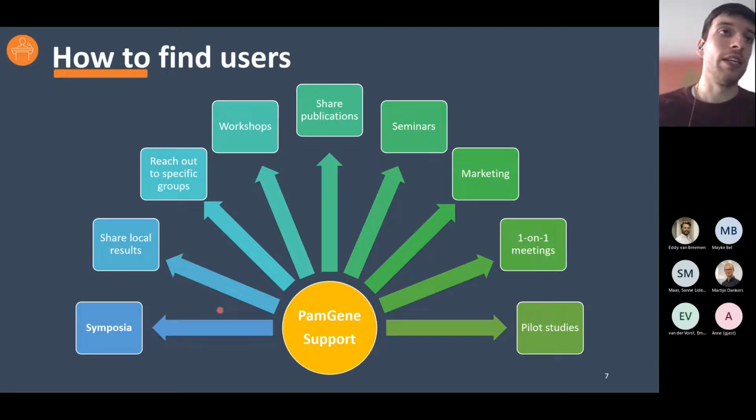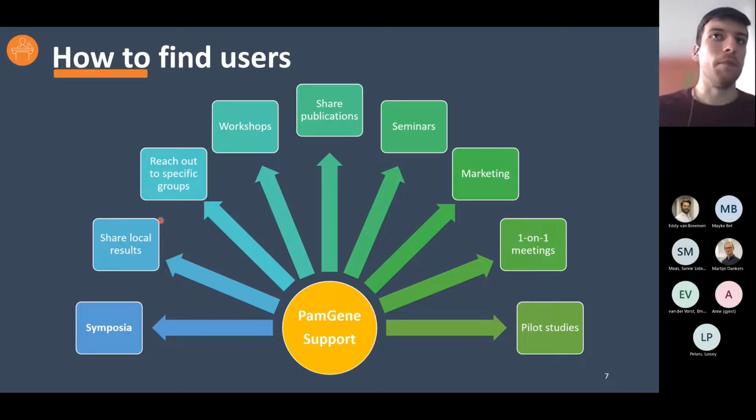And what could also be interesting, especially for you, is to share local results. So if you have been running PAMChip assays in your institute, please share that you use the PAMChip assay, and then also, what did you get out of it? Perhaps it will inspire some people to run new assays on the PAM station.